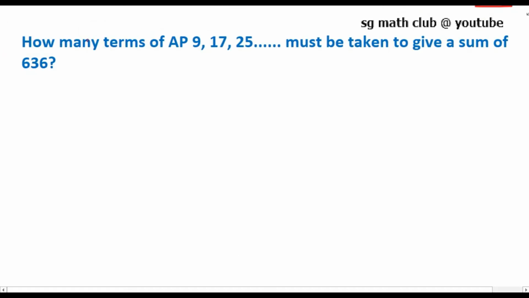So the next question: how many terms of the AP must be taken to give a sum of 636? That means first term plus second term plus third term. We don't know how many terms we should add so that the answer is 636.